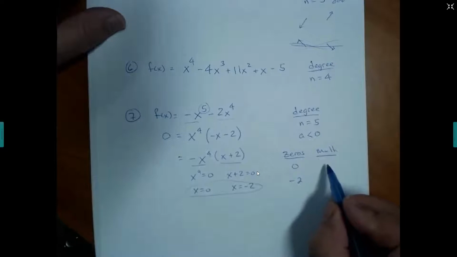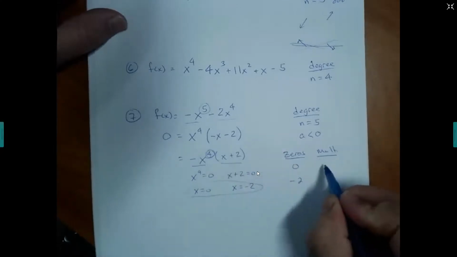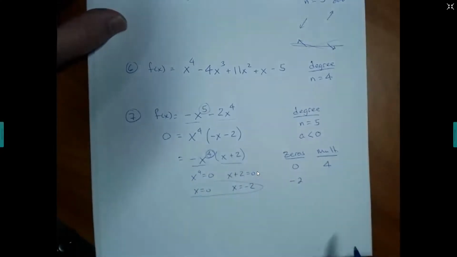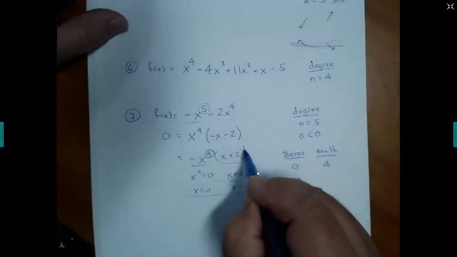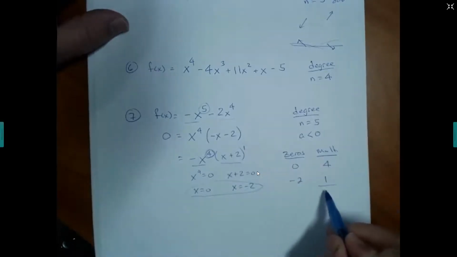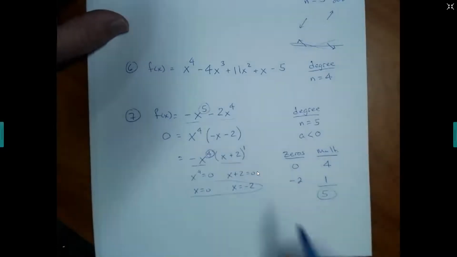What are their multiplicities? What's my multiplicity of 0? 4. Yeah, it is 4. And my multiplicity of -2 is 1. Together, they have to equal 5, which is my degree.